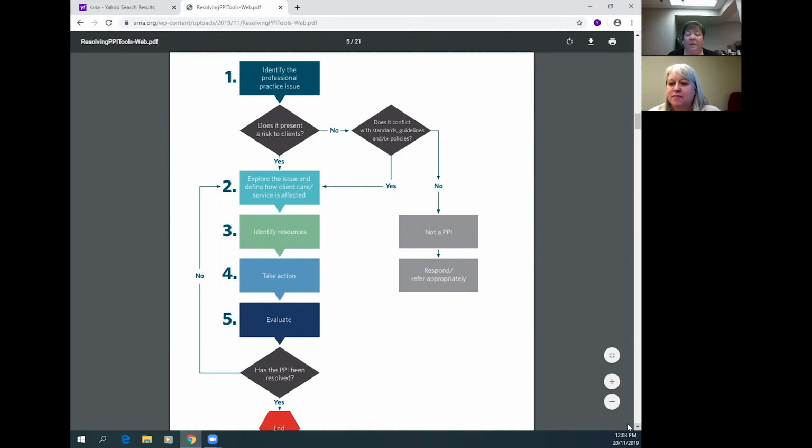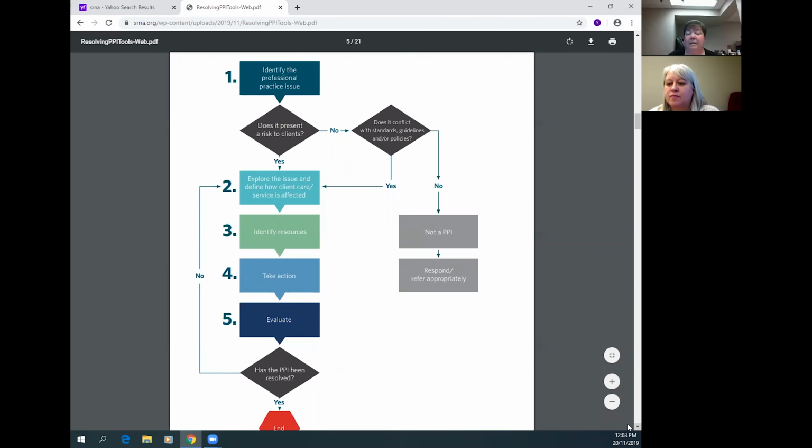So the very first thing when you're identifying a professional practice issue is to really think about what's contributing to this concern. Is there an issue that presents a risk to a patient or a client? Or does it conflict with your professional standards and your ability to meet those standards, or your competencies, your code of ethics?